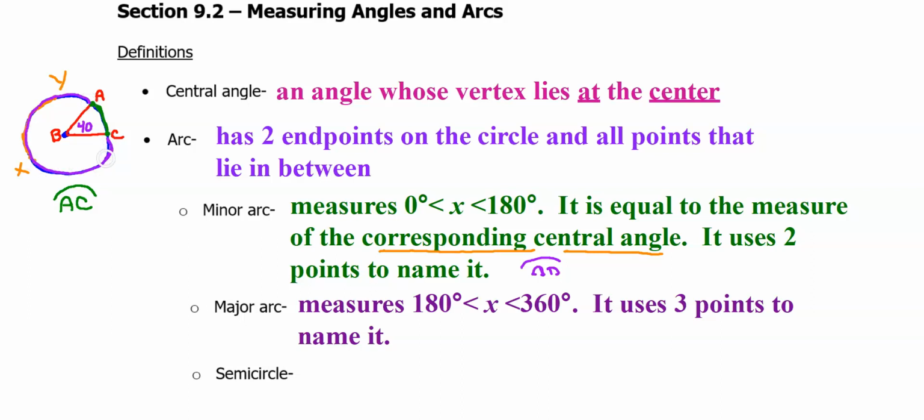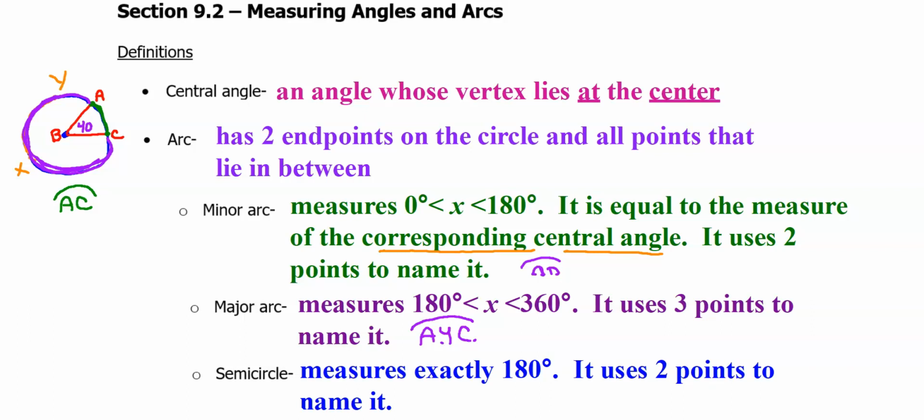See how this arc AC is much larger than my original one? So to indicate I want the larger arc, the major arc, I would need to use 3 letters. I would say arc A, heading in the direction of either Y or X, it doesn't matter, and then ending up at C. So 3 letters would show me to start at A, head towards Y, and then end up at C. That would be our major arc.